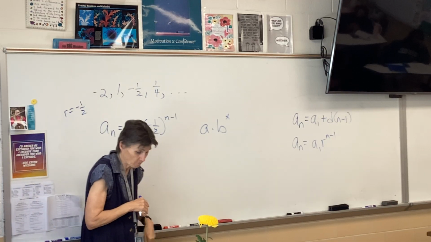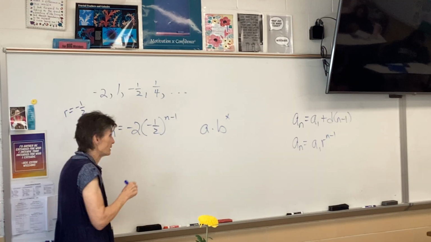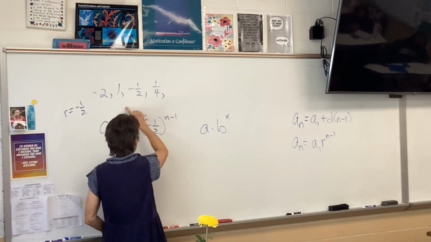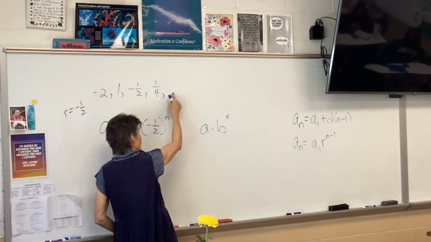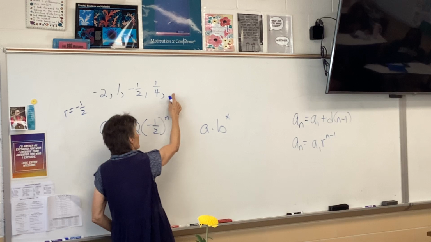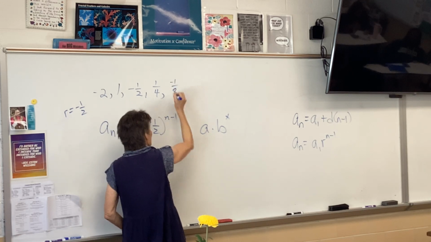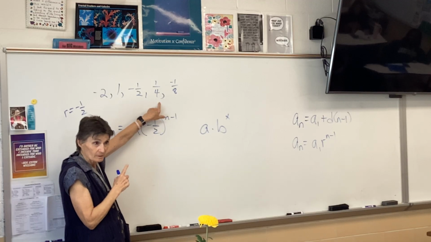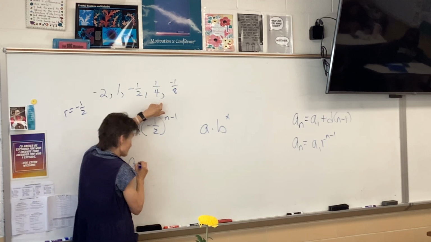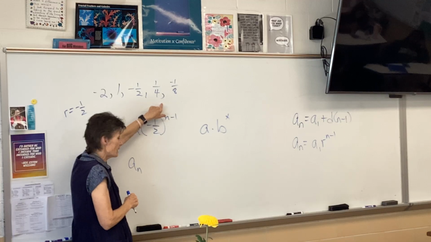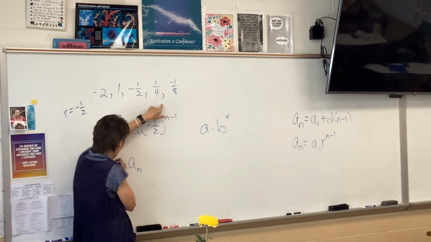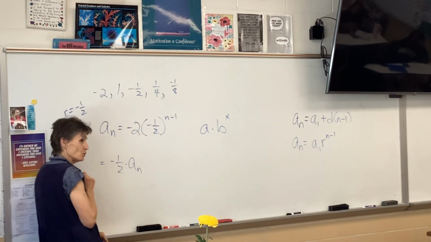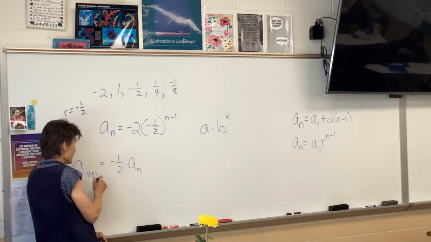Now, the recursive formula is the one that you answer by saying to yourself, what is the next term going to be? If I kept going, what would go right here? -1/8. Now tell me how you got that. Because of the pattern. You took some generic term and multiplied it by -1/2, and that gave you the next term in the list.